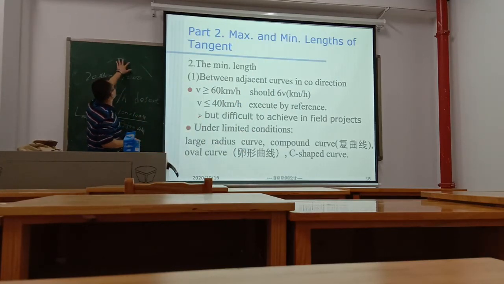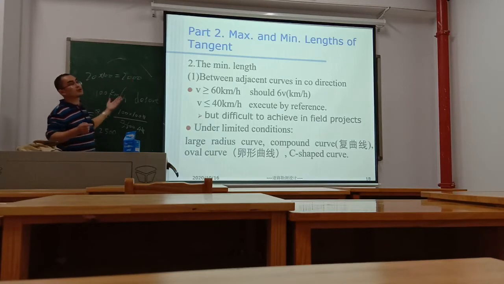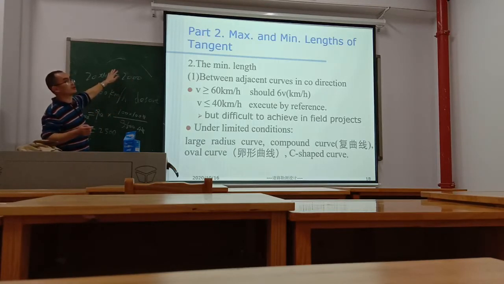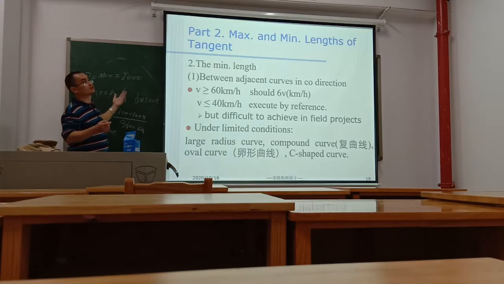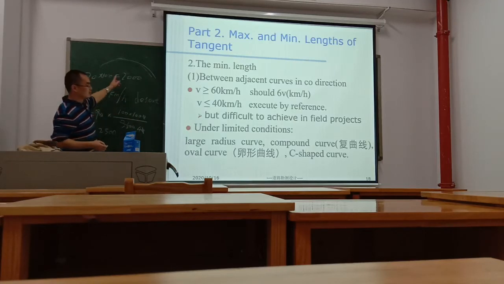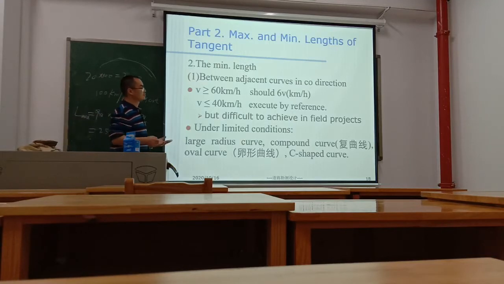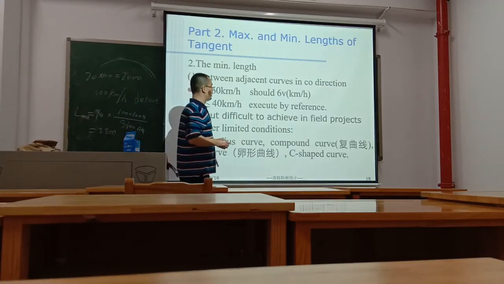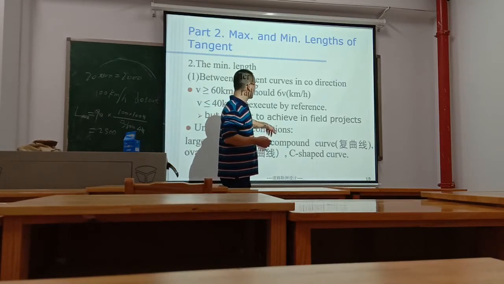If the length of the straight line between the adjacent curves is very small, it's not safe. So we can use one larger curve to replace the two. This is one method. And the other method is to use a compound curve.